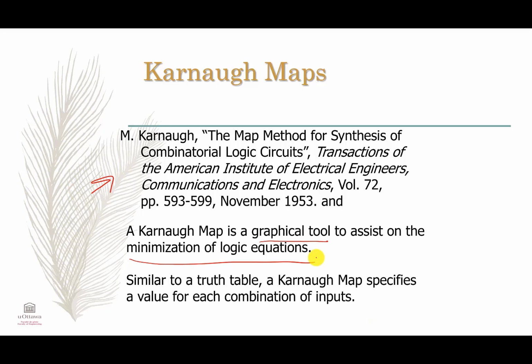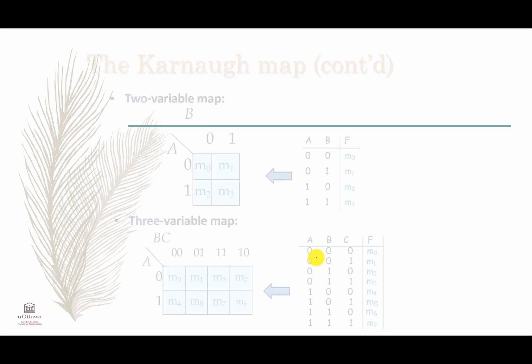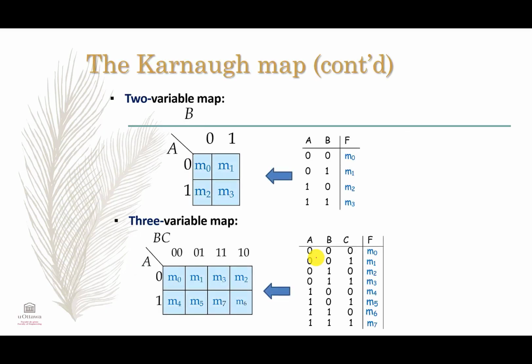So what is a Karnaugh map in detail? The Karnaugh map is simply a matrix of squares, and in reality that matrix is going to be a cylinder.